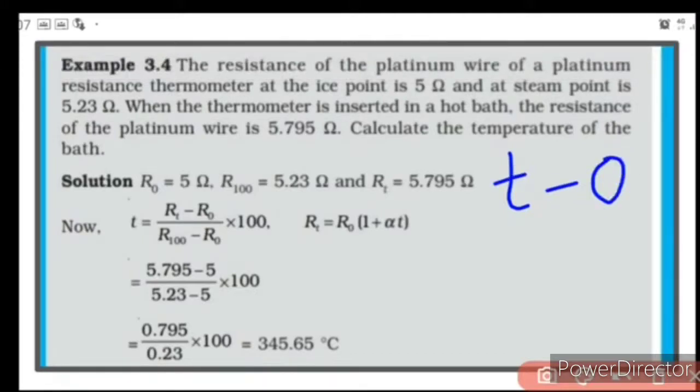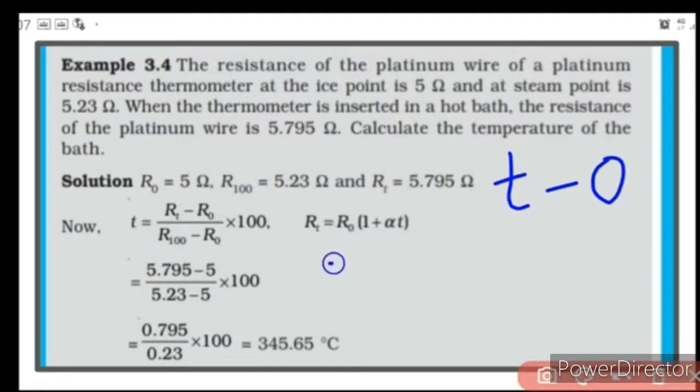That's why it is alpha t. Hope you followed. RT is the resistance at t degrees Celsius, R0 is the resistance at 0 degrees Celsius. So instead of T minus T0, we have small t only. Now you have to rearrange that equation to get t.